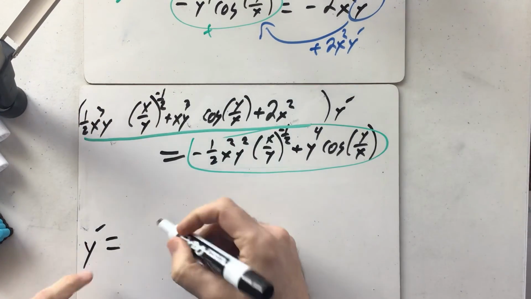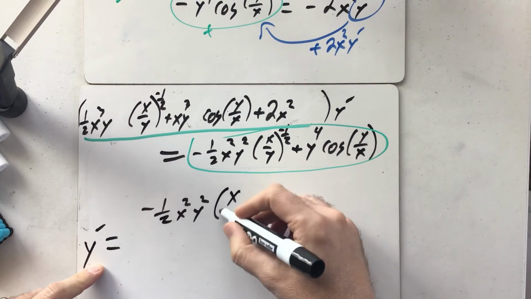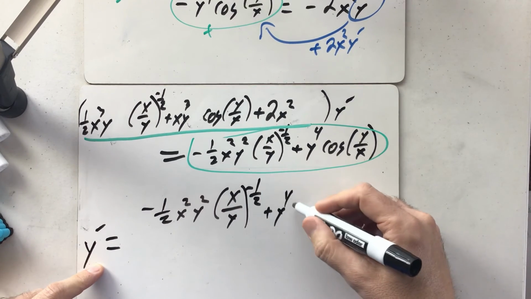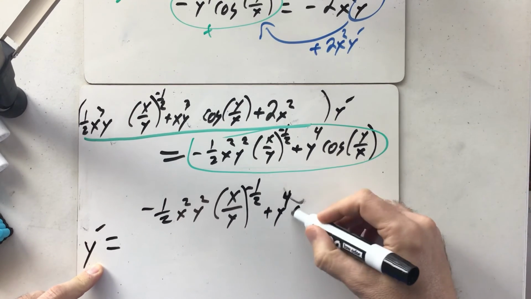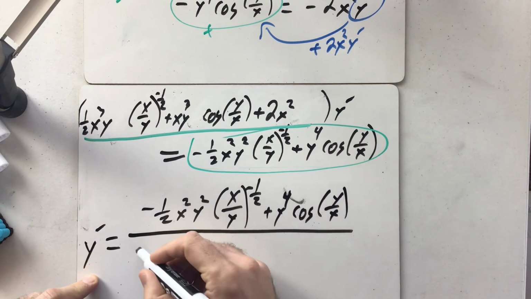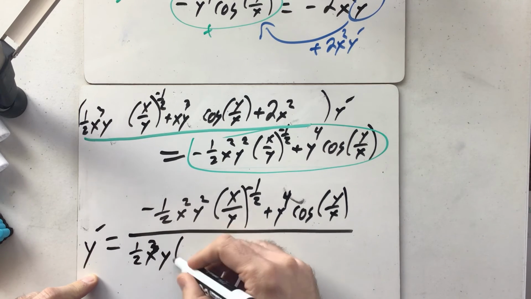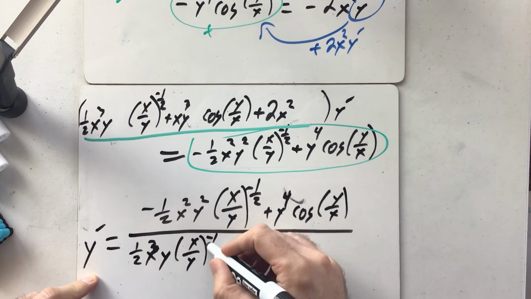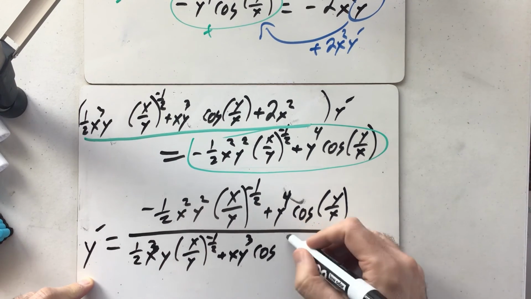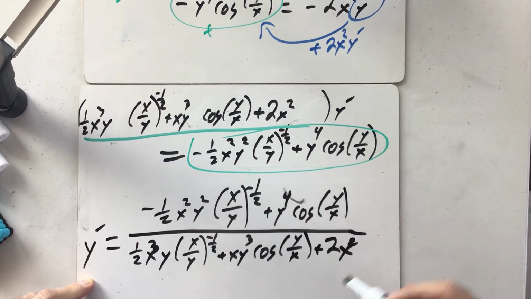So my answer is negative 1/2 x squared y squared x divided by y to the negative 1/2 plus y to the 4th cosine y over x, divided by 1/2 x cubed y x over y to the negative 1/2 plus x y cubed cosine y over x plus 2x squared.